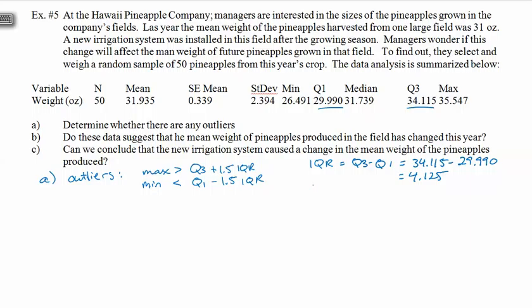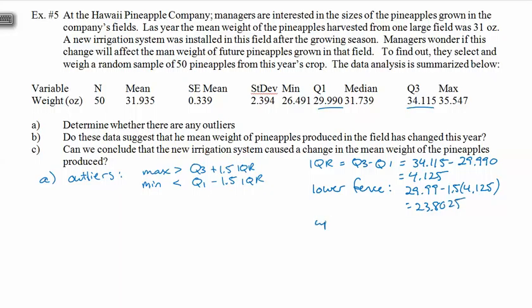So our lower fence is 29.99 minus 1.5 times 4.125, which becomes 23.8025.